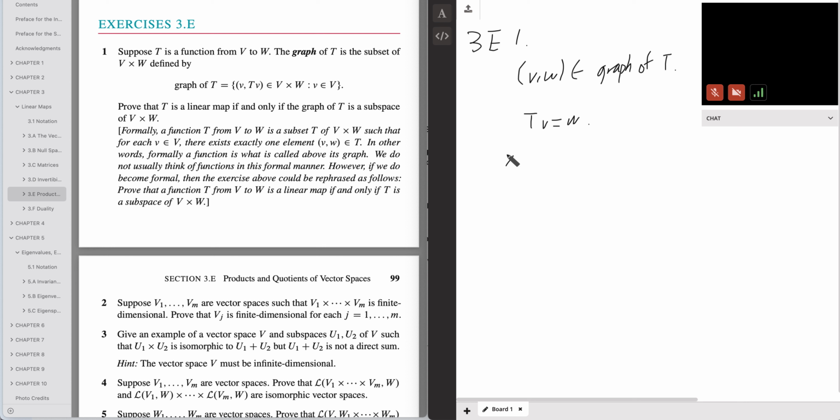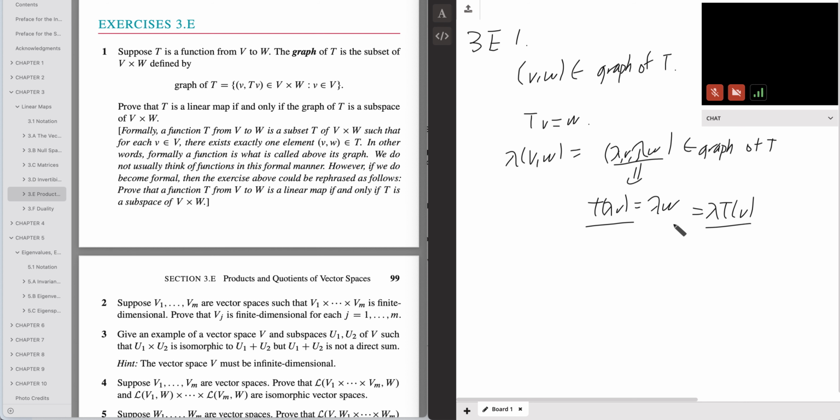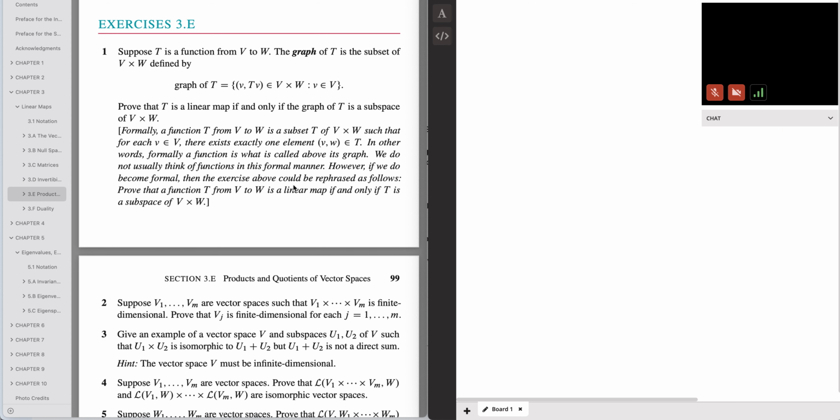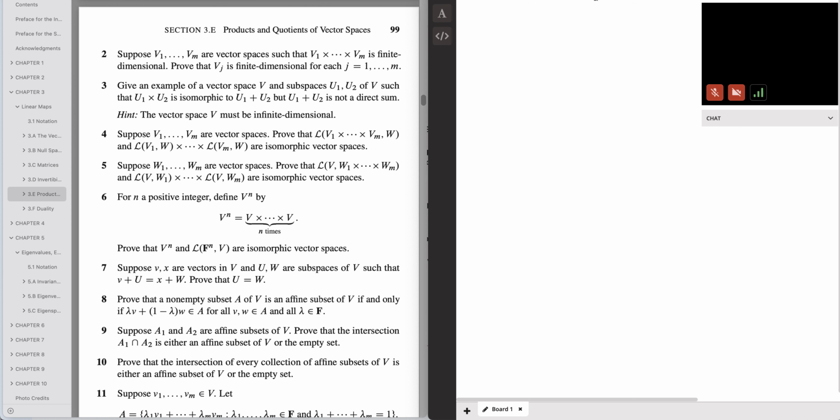Then also multiplying the coordinate results in some point which is still in the graph of T. But this coordinate also is part of the definition for the linear map. So then this property holds because w is equal to T of v. So I guess additivity and homogeneity holds, but in a very strange way, because I don't think I defined that very well to begin with.